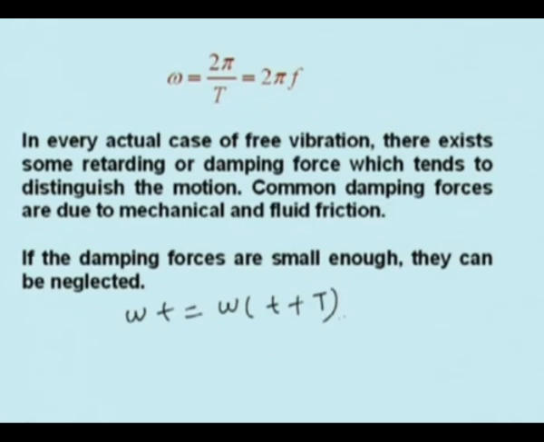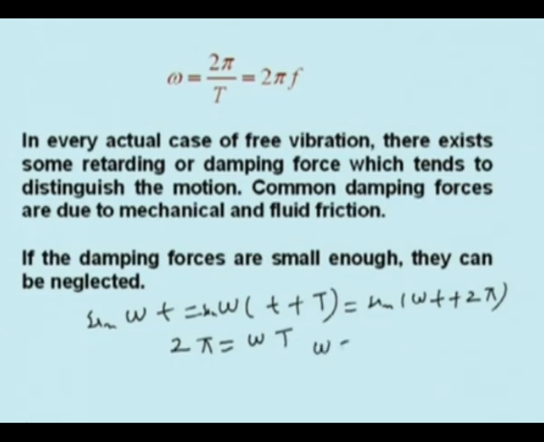Sin omega t is the same as sin (omega t plus 2 pi), so what happens is that you have 2 pi is equal to omega T, where T is the time period.